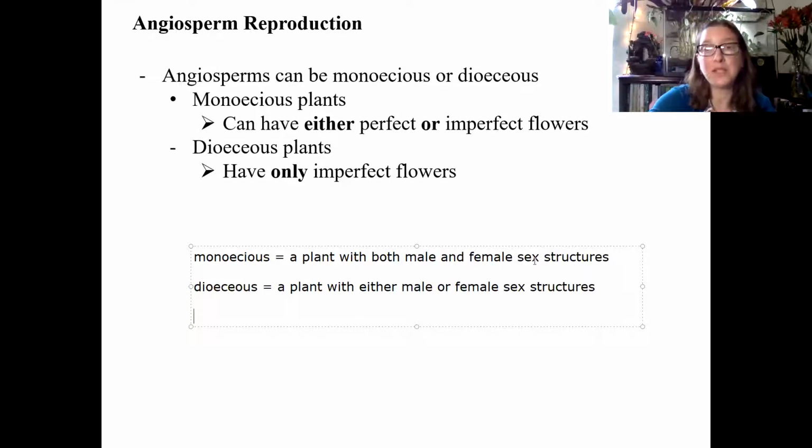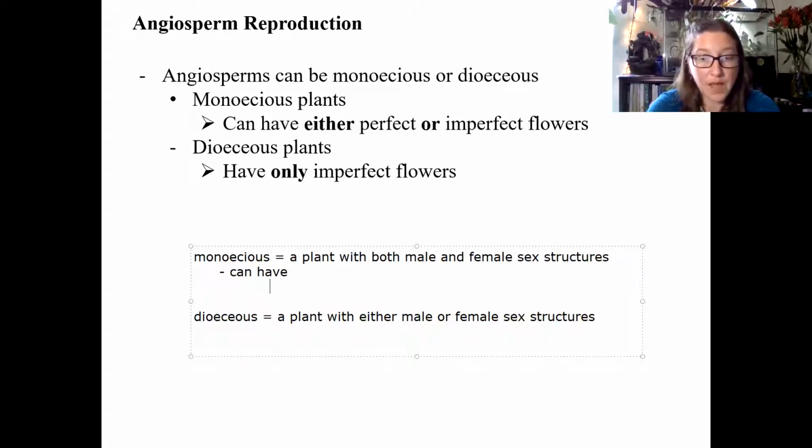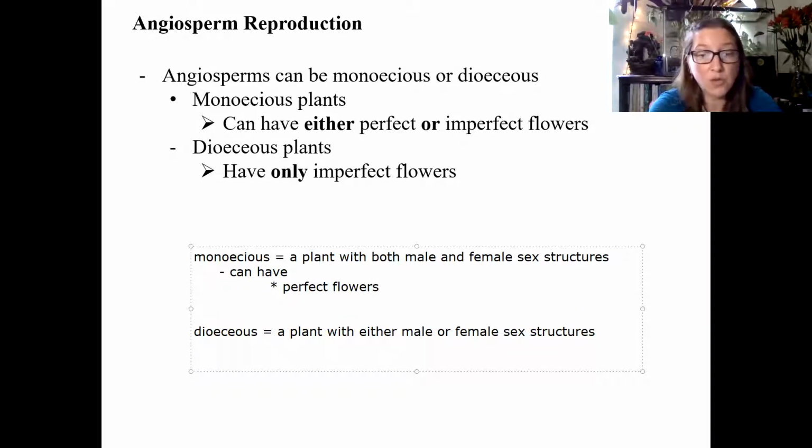But that means that you can have perfect flowers, because the perfect flowers have both male and female sex organs on them. But if you're a monoecious plant, you might have imperfect flowers on it, as long as it has both types of imperfect flowers.